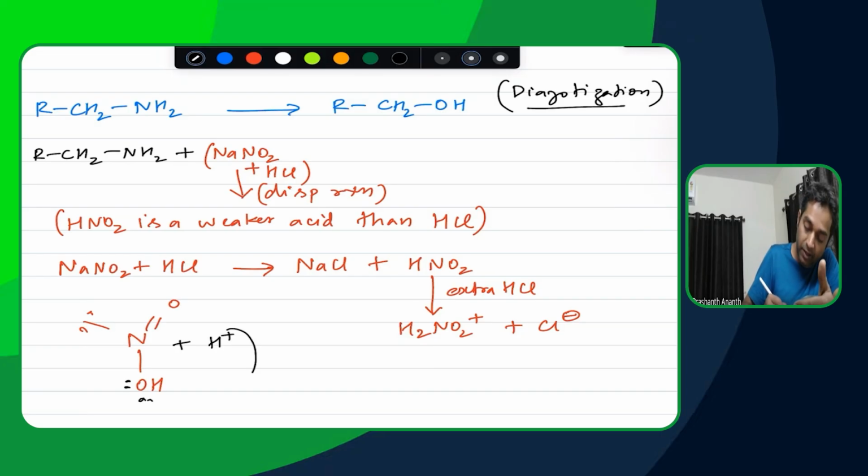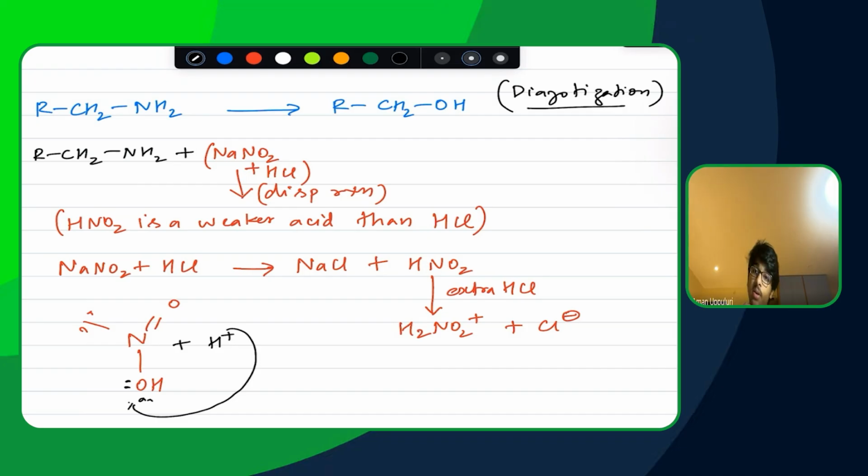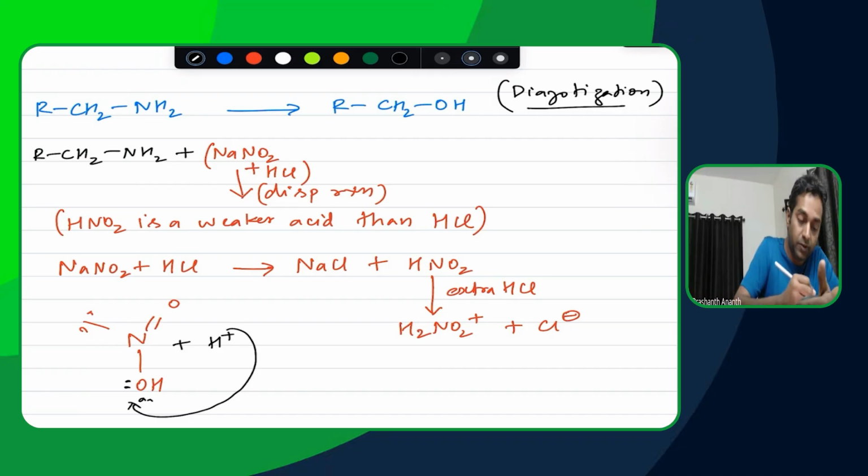It will get accepted here. So this will effectively end up becoming N double bond O, with a lone pair over here, of course, and we'll have an OH2 plus 1. This is the structure for H2NO2 plus 1.